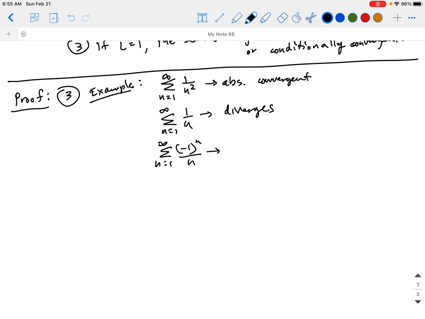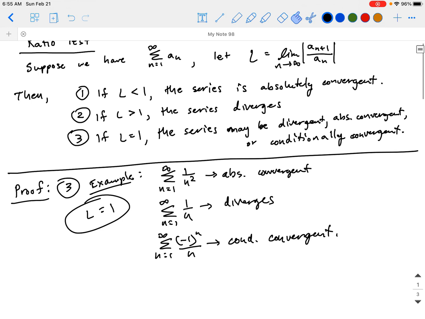But if we take the absolute value, we get our original harmonic series. So this is going to be conditionally convergent. So these are 3 examples of when L is equal to 1, where we get these 3 possibilities.